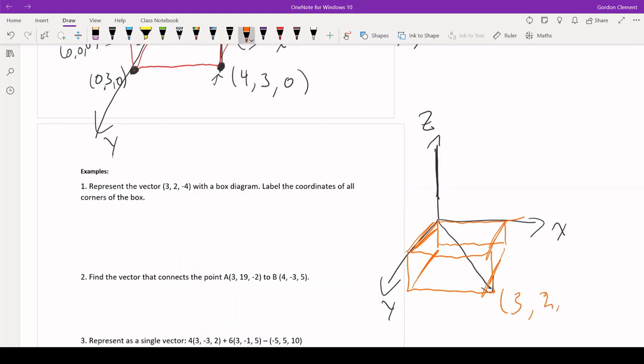And down here is 3, 2, and -4, which is my z, and the top is 0, 0, 0. And then similarly, everything on the bottom of the box is going to have a z value of -4.